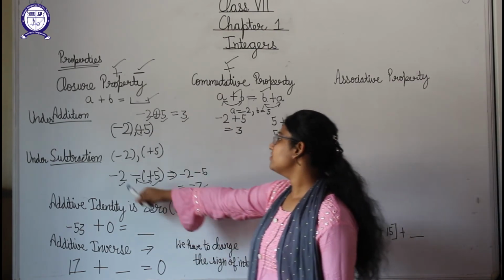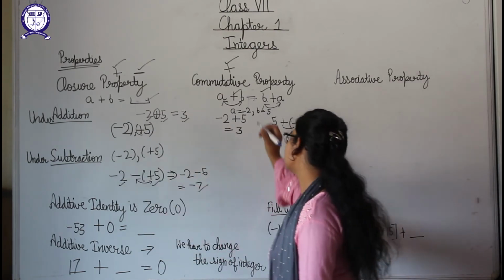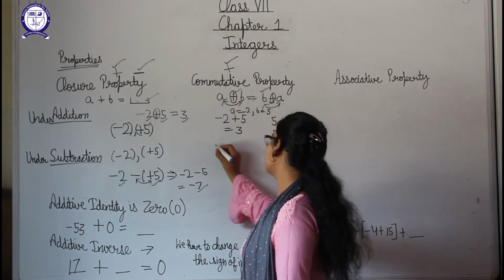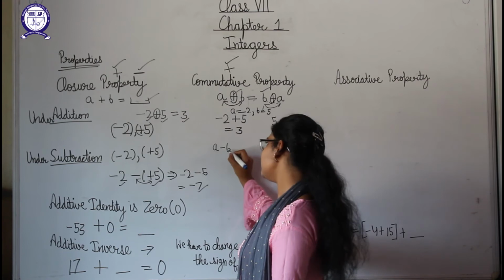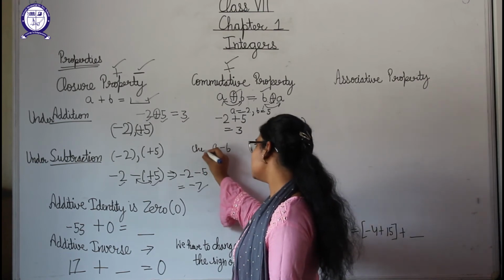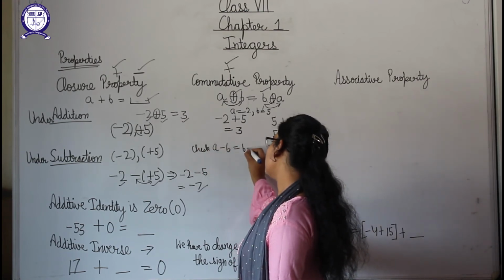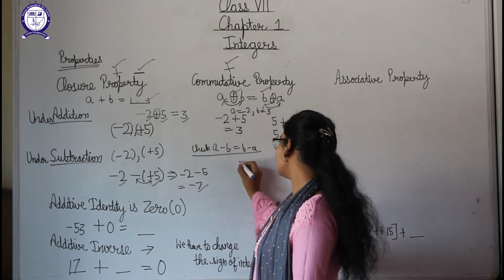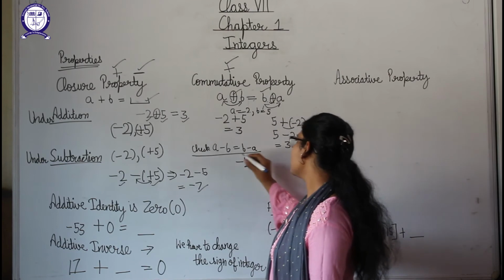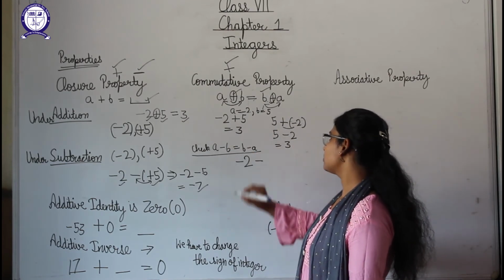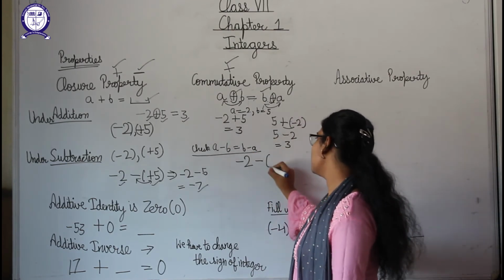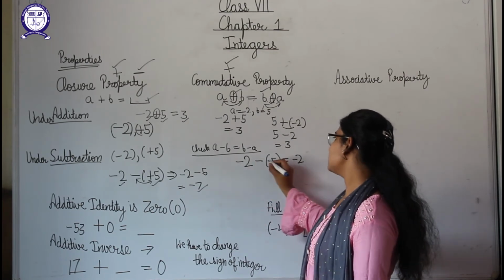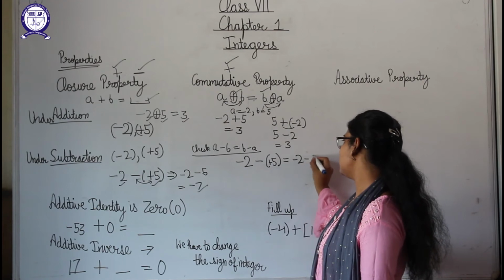Okay, now we will solve for subtraction. Here we will check whether a minus b is equal to b minus a or not. Again a is -2, so we will put -2 here, as we have to do the subtraction. So the subtraction sign is here, and b is 5. Now -2 here is negative and 5 is positive, so it will be -5.